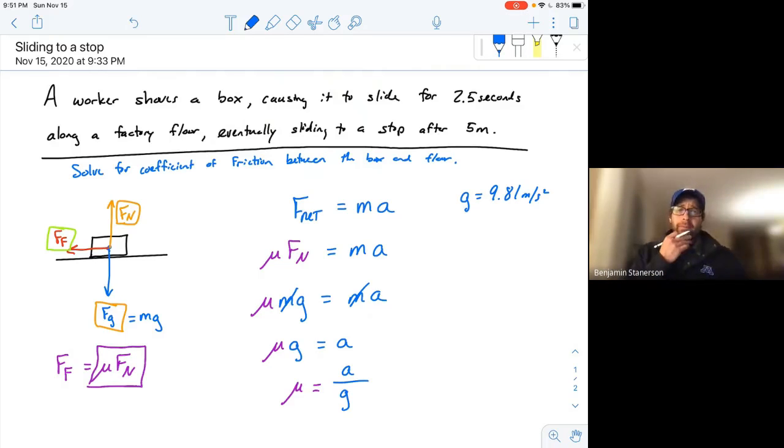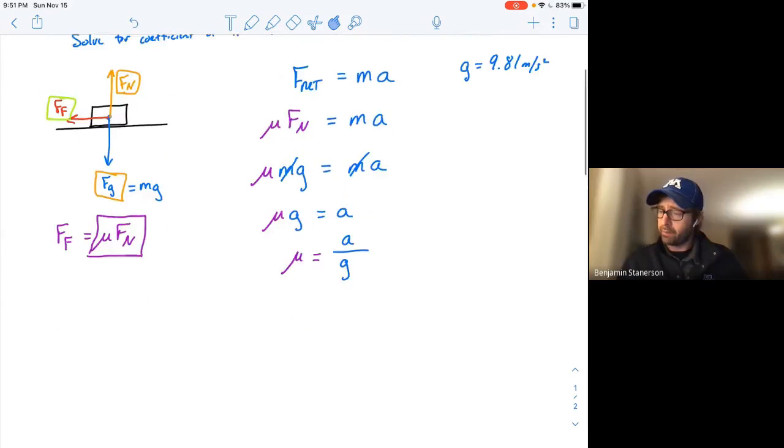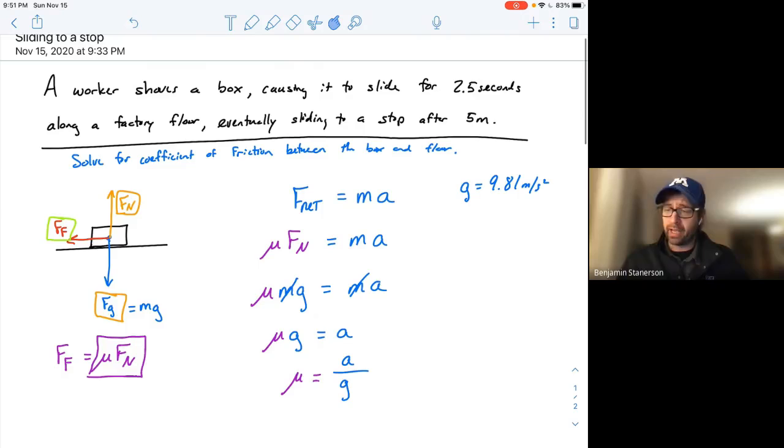Now, in this problem, they don't go and tell us what the acceleration of this object is. I mean, that would be great. However, they do give us some information that we can use to solve for it. So I'm going to need to use the time it takes and the distance up here to help me find that acceleration.